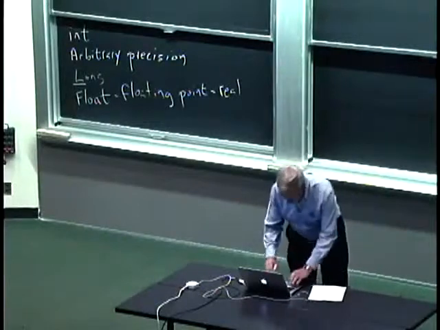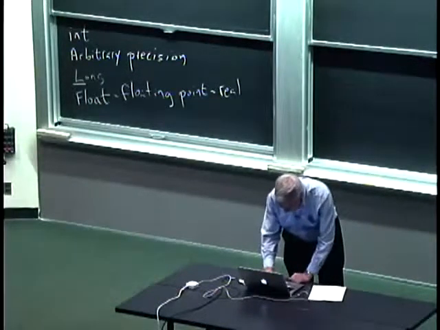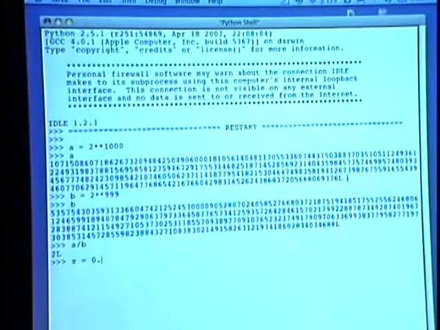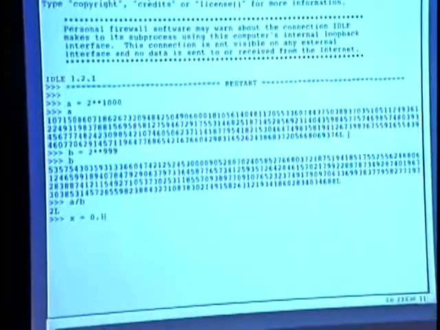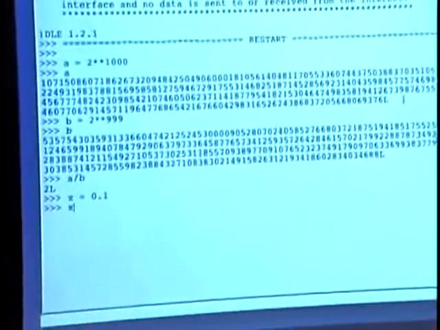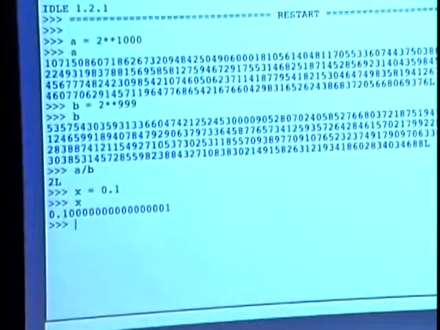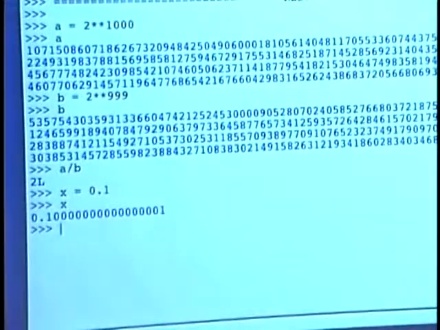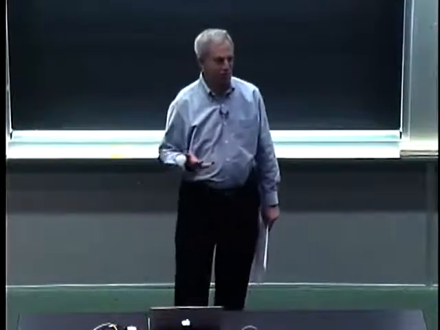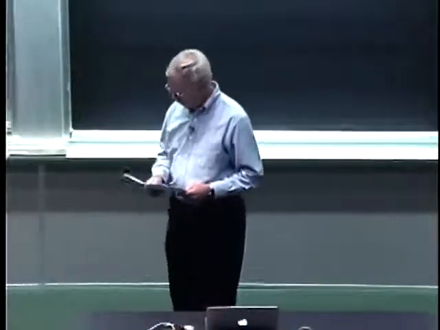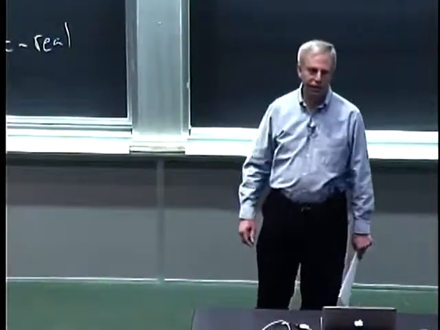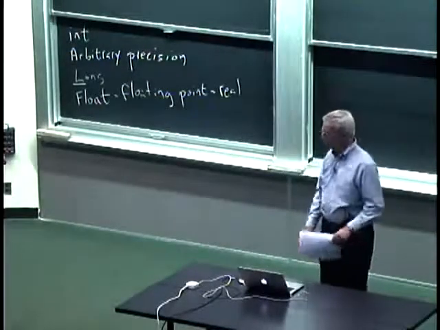So let's look at an example. I'm going to set the variable x to be 0.1, 1/10. And now we're going to display x. Take a look at this. Why isn't it 0.1? Why is it 0.1, a whole bunch of zeros, and then this mysterious 1 appearing at the end? Is it because Python just wants to be obnoxious and is making life hard? No. It has to do with the way the numbers are represented inside the computer.